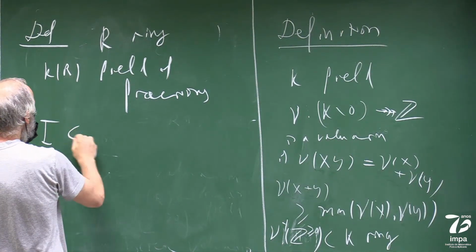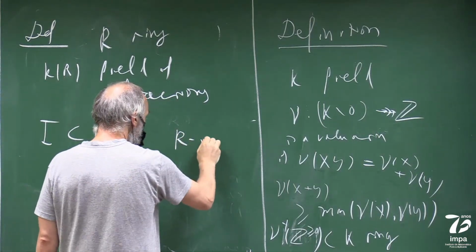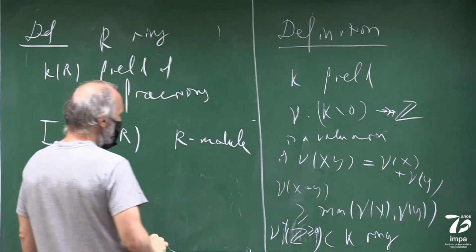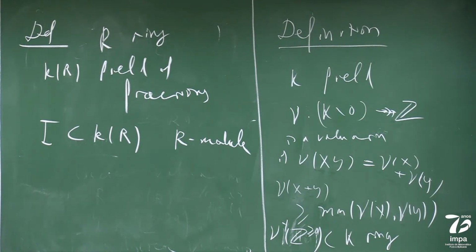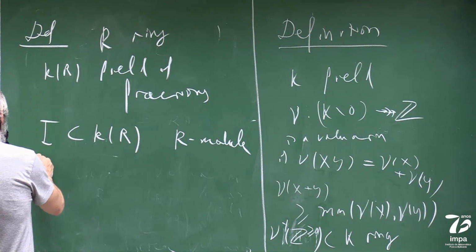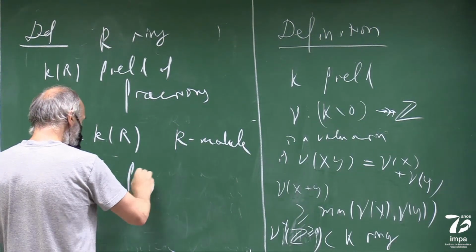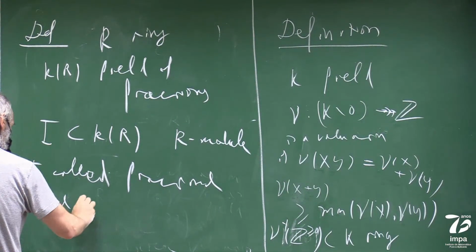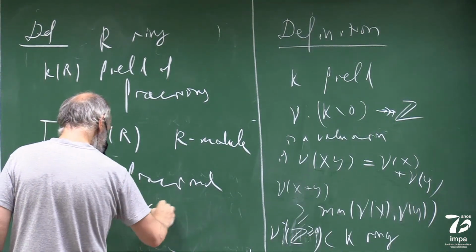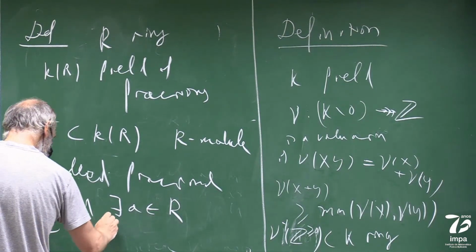You have I inside K of R, an R-module. So R acts on this by multiplication, so it makes sense to speak of R-modules. And I is called a fractional ideal if there exists a in R such that aI sits inside R.